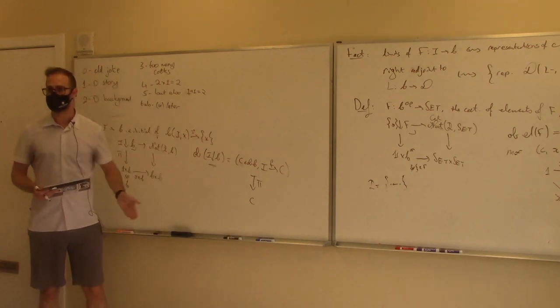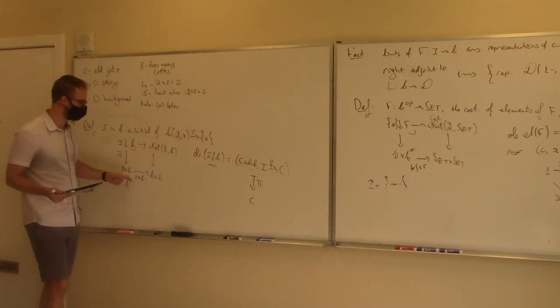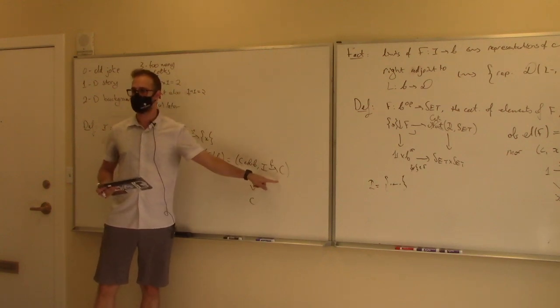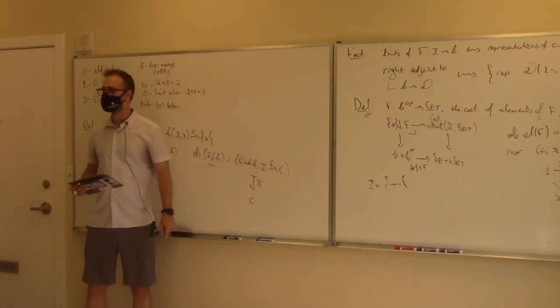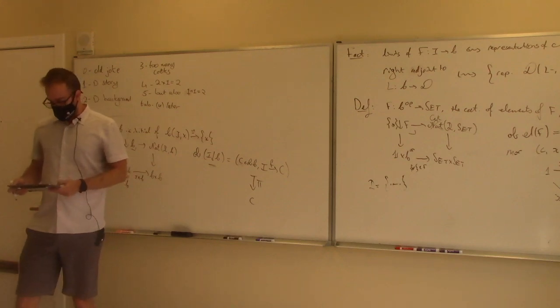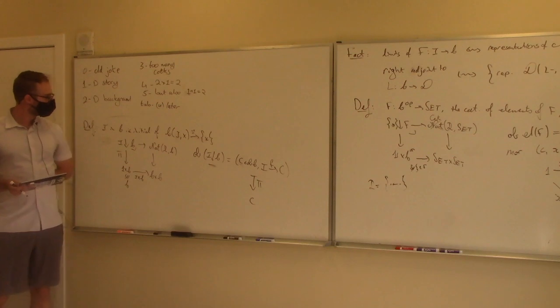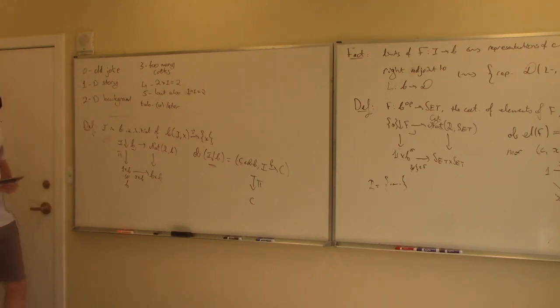And the other thing it picks up is that there's nothing else going on. If we draw an arrow in C, automatically that commutes with these arrows over here. So that's maybe an uncomfortable definition of what initial is, but that's the idea.